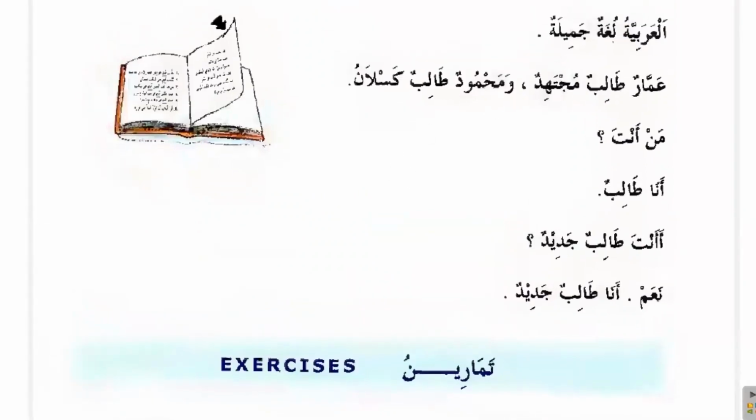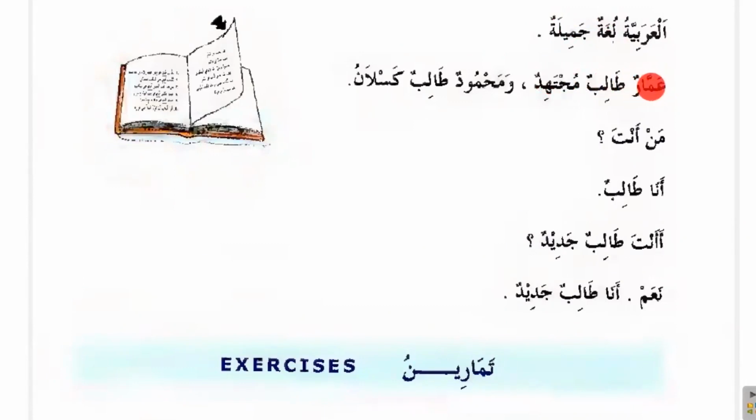So continue here. They are saying, "Al-Arabiyatu lugatun jamilatun." The Arabic language. Lugatun is a language. Jamilatun is a beautiful language. So you see here, ta marbuta, tanwin, tanwin, singular, singular, marfu, marfu. Okay, "Ammarun talibun mujtahidun."